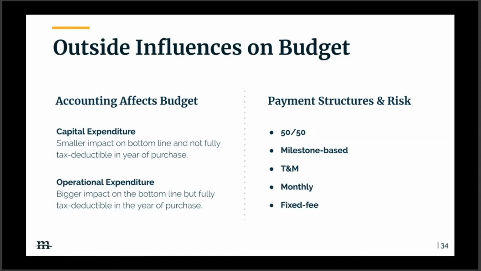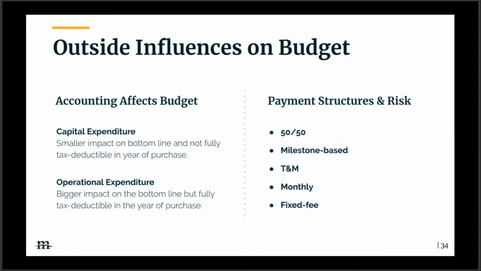On the right, we have payment structures and risk. Now, your procurement department may dictate this, but from our experience, it's typically open for negotiation. So I wanted to touch on some of these really briefly. A 50-50 would be some sort of a split between a down payment and then money on completion of the project. Milestone-based would mean, every time a partner agency delivers something to you, once it's accepted, you pay.